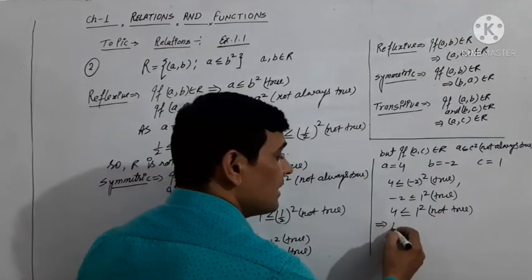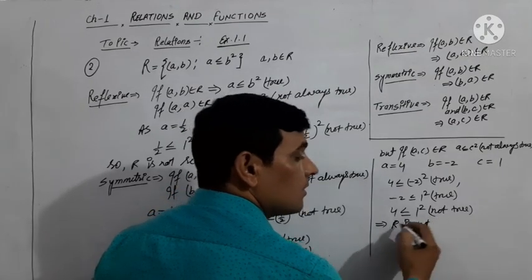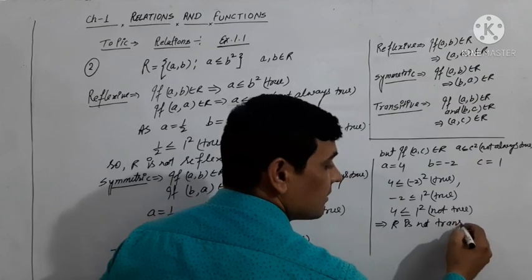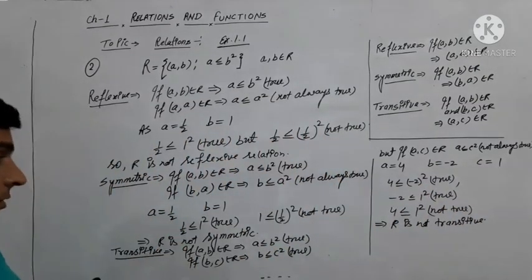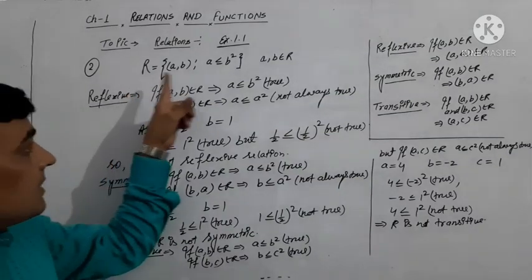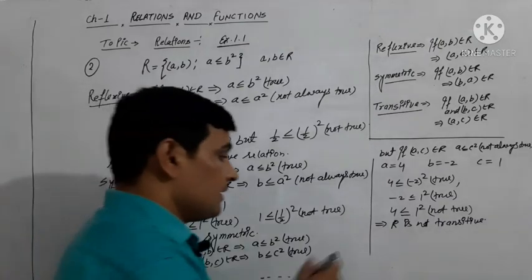So this implies that R is not transitive. Is it clear, Rita? So this relation is neither reflexive, nor symmetric, nor transitive.